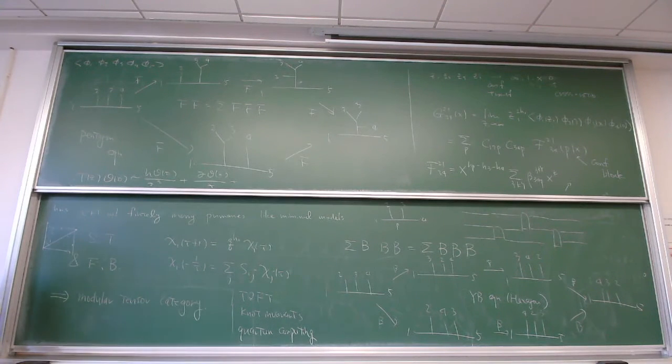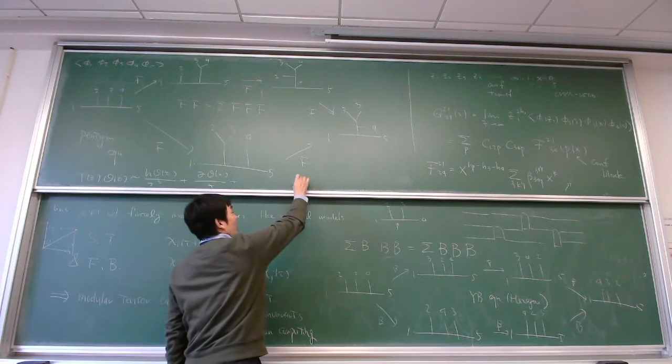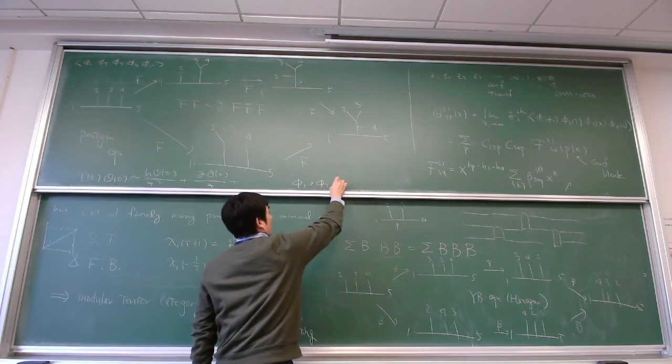And why did you say the fusion rules, for instance, that every primary field can fuse into phi 1 times phi 2?